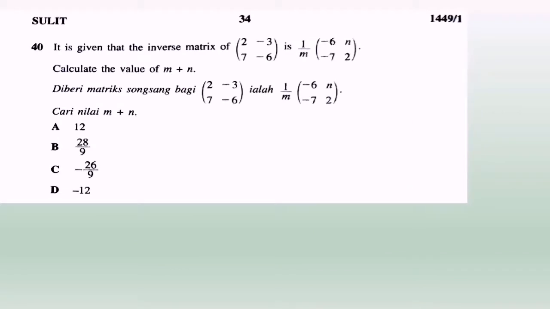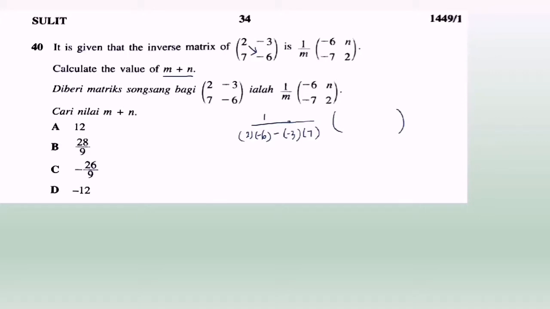Question number 40. It is given that the inverse matrix of [2, -3; 7, -6] is 1 over m times [-6, n; -7, 2]. Calculate the value of m plus n. Okay, so we need to find the inverse matrix. 1 over 2 times -6 minus -3 times 7.